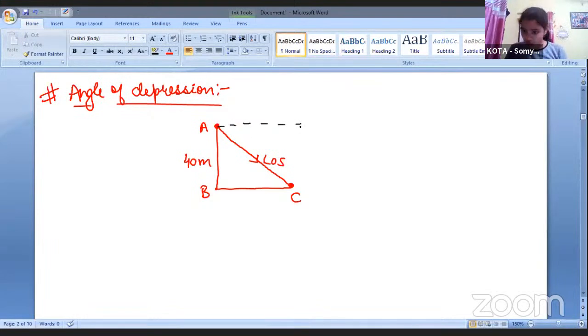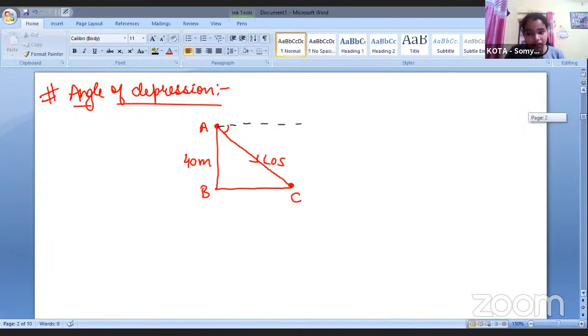So I have drawn this horizontal line, and now the angle of depression will be this one. The angle which the line of sight will be making with the horizontal line, which will be parallel to the ground in this case, and which will be coinciding with the ground in the case of angle of elevation.